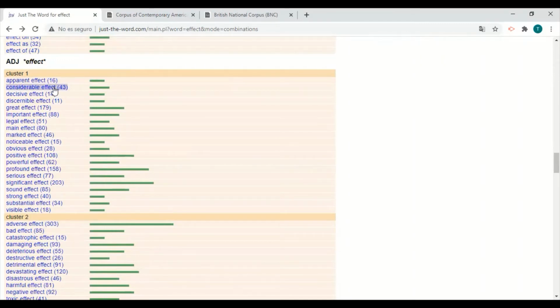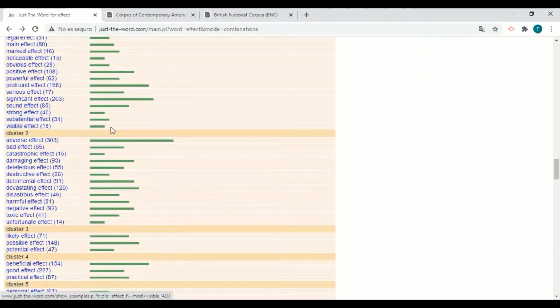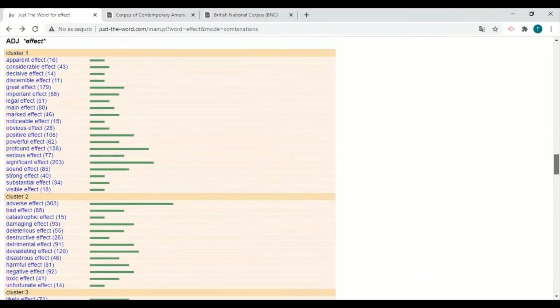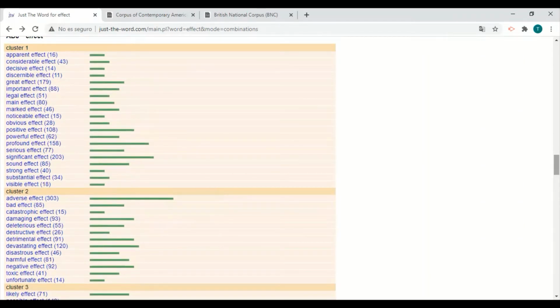We have considerable, important, obvious, powerful, profound, significant, right? They are related to the strength of the effect. But look at cluster 2. Adverse effect, damaging effect, destructive effect, harmful effect, they are all negative. So this is very useful when we are looking for a certain collocation with a certain meaning, right?